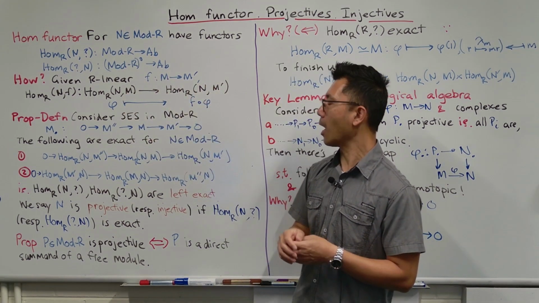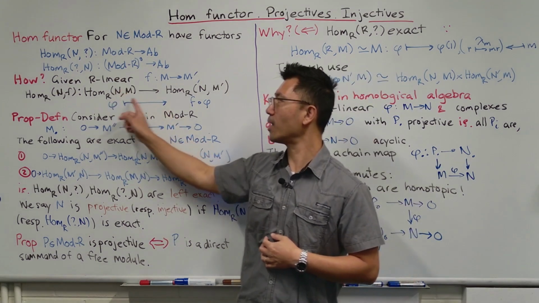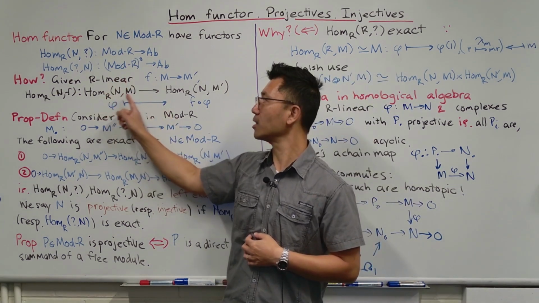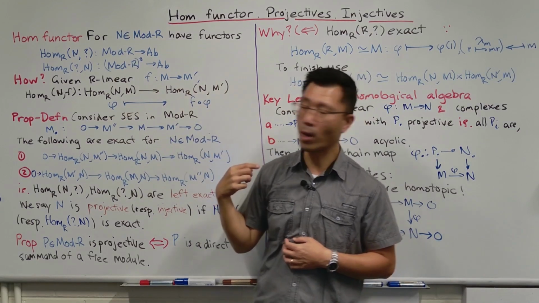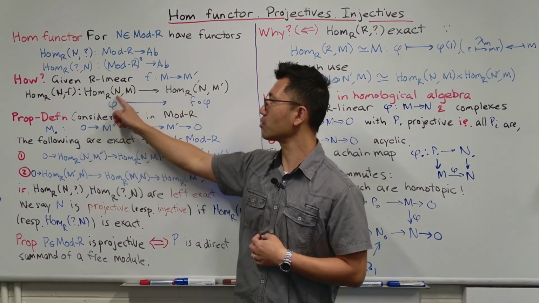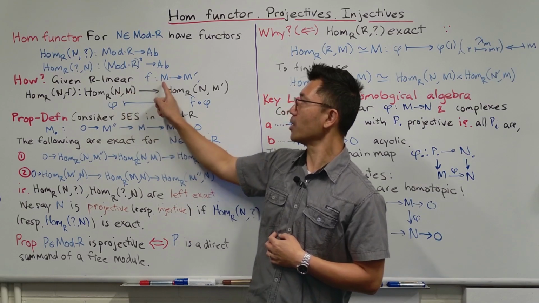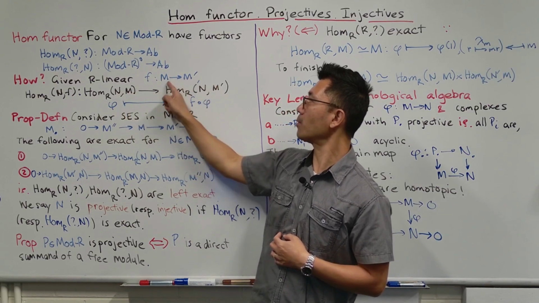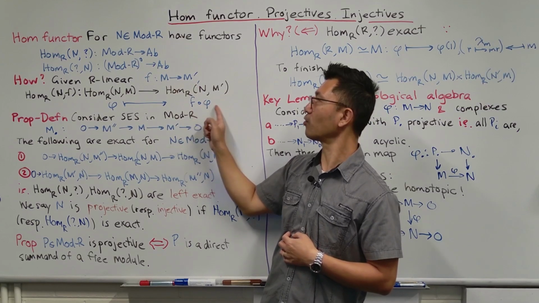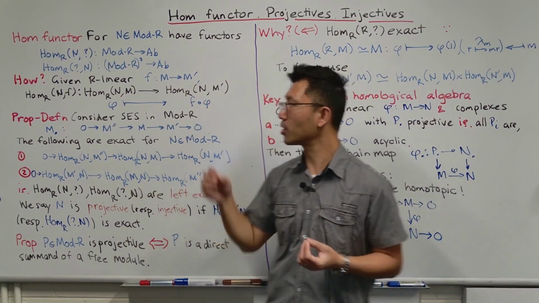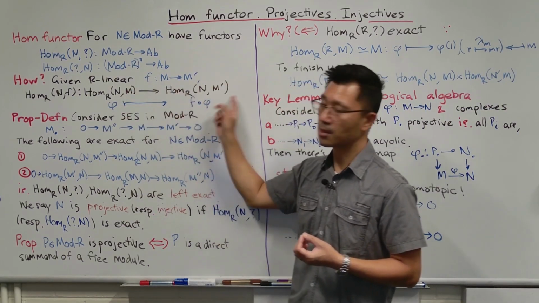So what is that? If you're given an R linear map from N to M, I want to get an R linear map from N to M', and there's a very simple way to do it. You take this phi, which goes from N to M, and to get something in M', you just compose it with this f. And once you do that, of course, since you're composing R linear maps, you get an R linear map, so you will get something inside here.